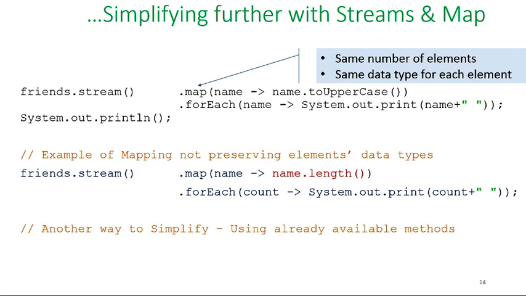But here we have a simple example where we are mapping that stream coming from the friends collection of strings, and we map any name, any string in that collection, to name.length. So we want to know how many characters are in each name. So this is going to change the type of the elements we have in the stream. You get as input a stream of strings, and you spit out a stream of integers.